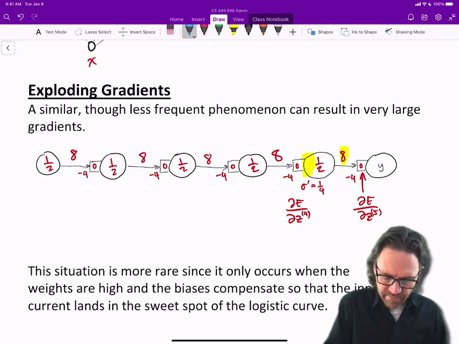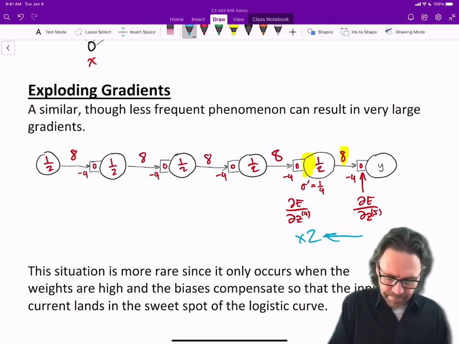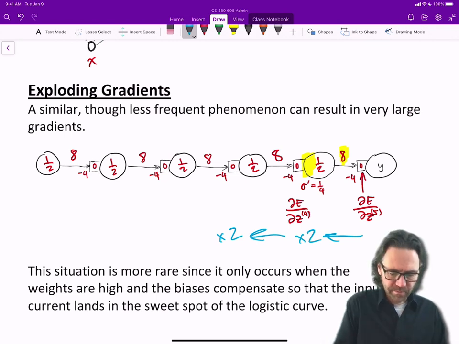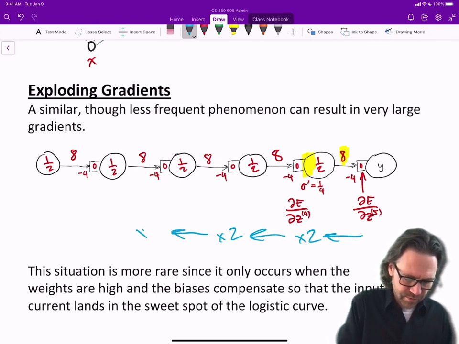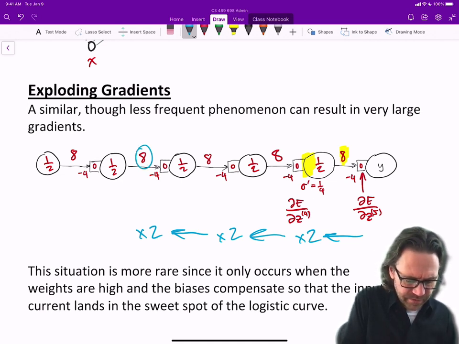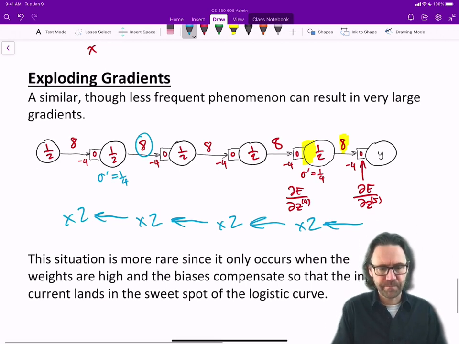So we have multiplied our gradient by 2. And for every layer we go down, we're multiplying by 2, because it's the same story: our connection weight is 8, and the slope of our activation function is 1/4. So you get times 2 times 2 times 2, all the way down.